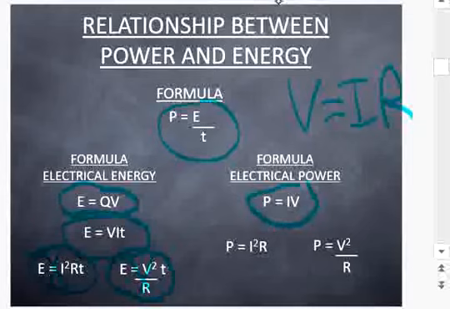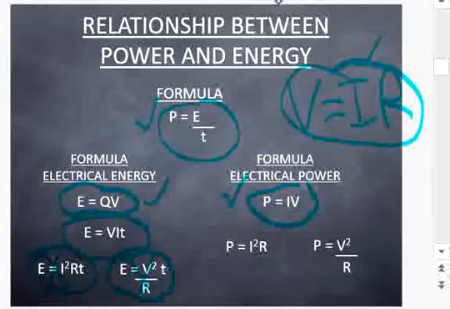In this topic, the important formulas you need to remember, the basic ones, are these 1, 2, 3, and 4. Only these 4 you have to remember. The ones at the bottom are actually combinations of some of these formulas.